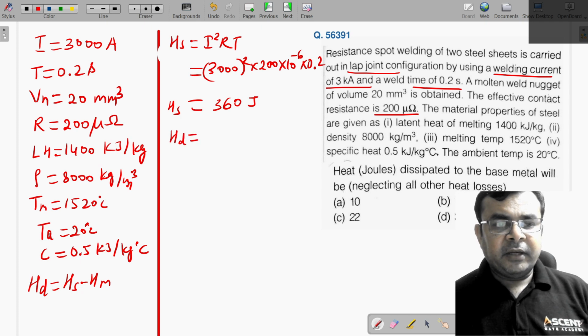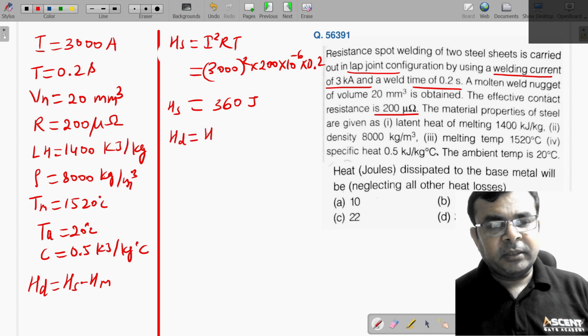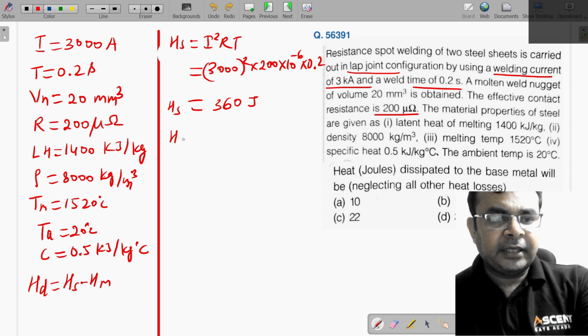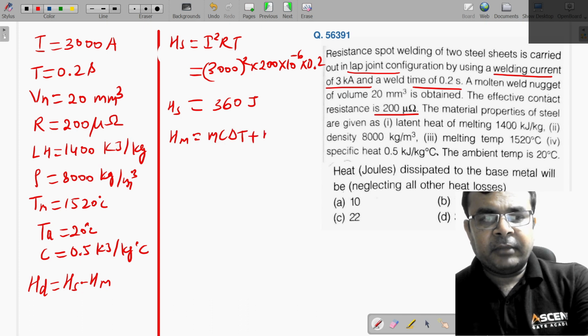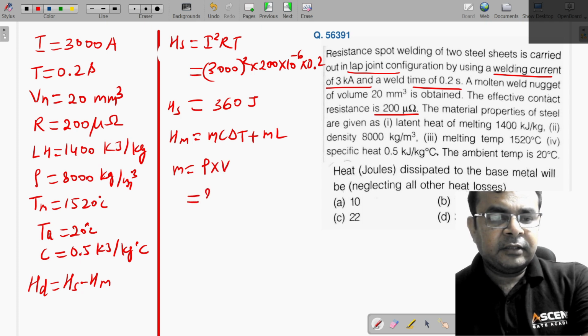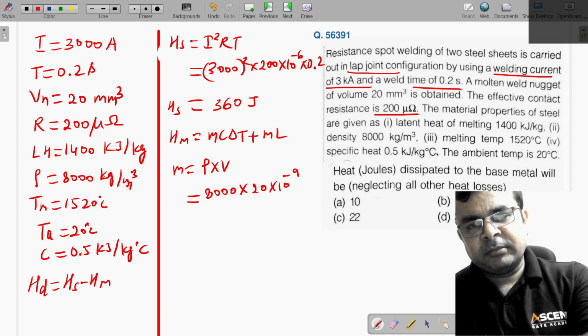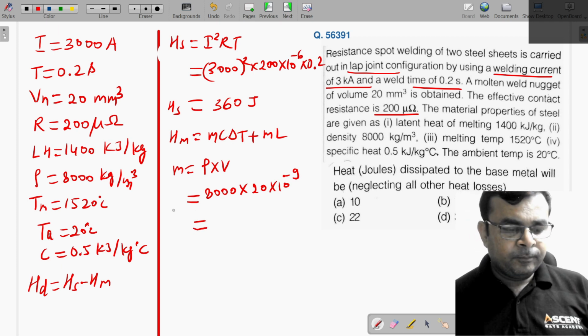And similarly, if I calculate HM, it can be written as MC delta T plus ML. So what about mass? Mass is density into volume. Density is given as 8000 kg per meter cube, into volume, which is 20 millimeter cube, so multiplied with 10 to the power minus 9.